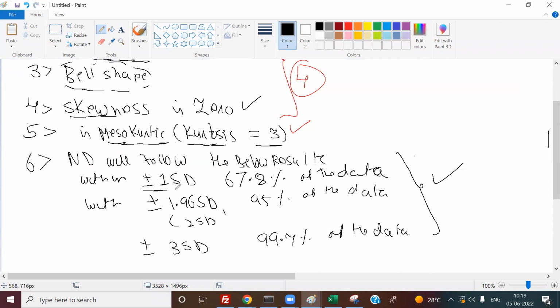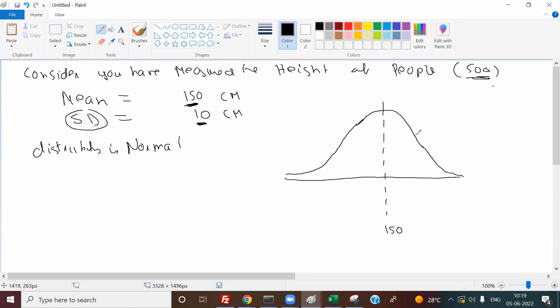So within plus minus 1 standard deviation, I am saying plus 1 ST and minus 1 ST. So what would be plus 1 ST? Can I say plus 1 ST would be nothing but 150 plus 10, that is 160?